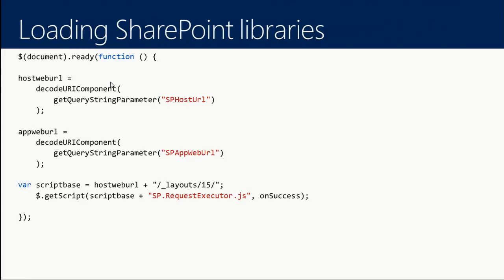And then down at the bottom where you see var scriptbase is host web URL layouts 15. Now what we want to do is we want to reach back in, and we're going to ask for that SP.RequestExecutor. Here's a JavaScript library we would like to use. In order to use it, we're going to use the jQuery getScript method, which is basically going to reach back in and dynamically load that library. So this technique is preferred for SharePoint libraries because it's going to guarantee, again, that you get the most up-to-date library. If Microsoft runs a service pack, then this code will pull out the correct version.